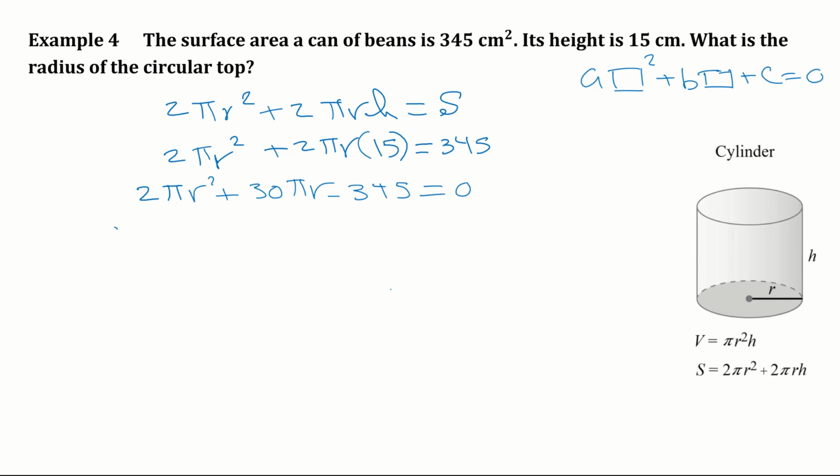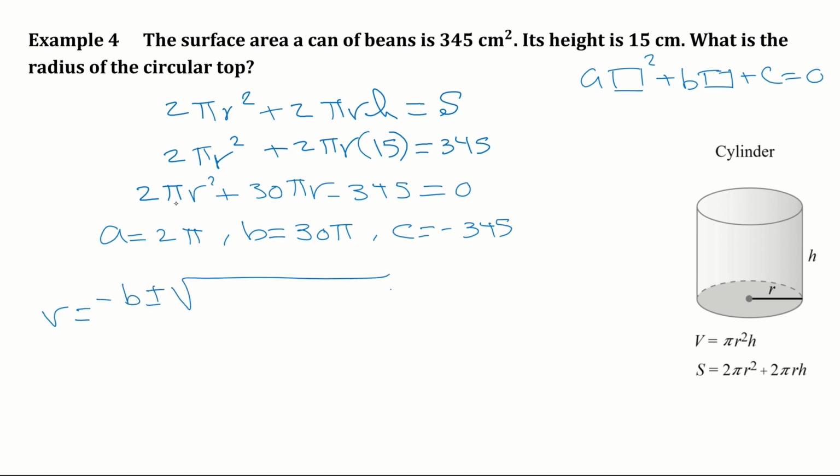So let's go ahead and decide A, that's 2 pi, B, that's 30 pi, and C is negative 345. So R is going to be negative B plus or minus, remember, just write it down, don't plug it in. Square root of B squared minus 4AC over 2A.